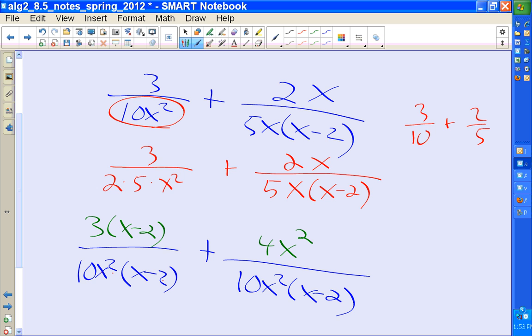Now if it helps you, and again, this is up to you, you could write times 2x over 2x like that. And over here, you would be multiplying by x minus 2 over x minus 2. If you want to show that stuff, fantastic.